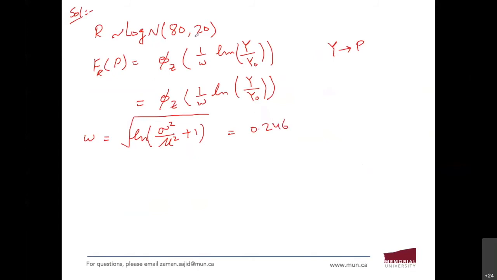You have your mean value, you have your standard deviation, you just need to plug in the values and you will find your w value here. Now for y naught, we have mu over exponential of w squared over 2, and you get 77.61 once you plug in your values.